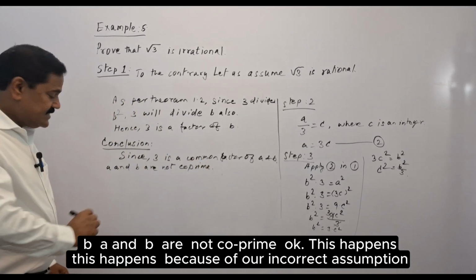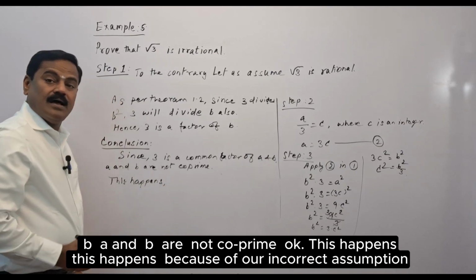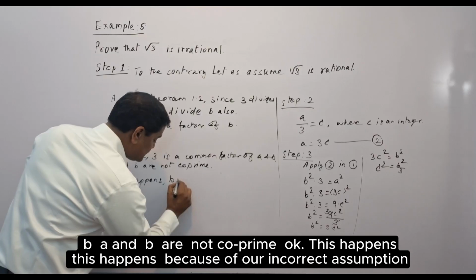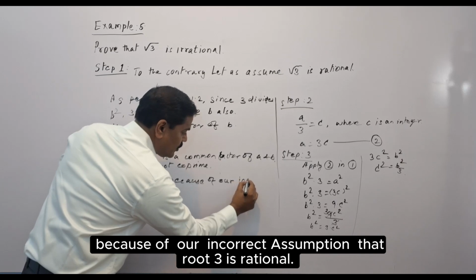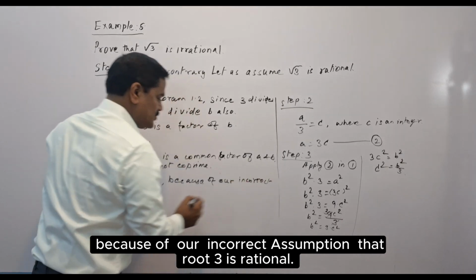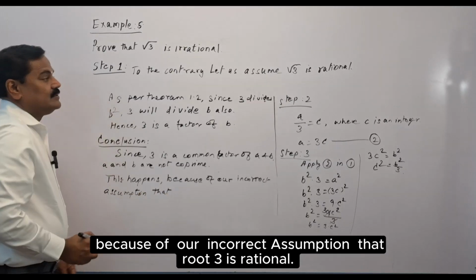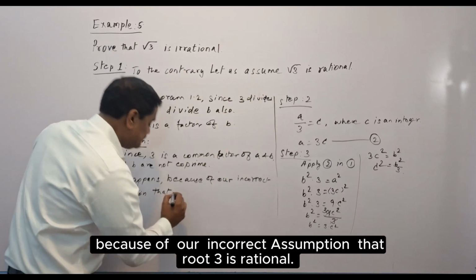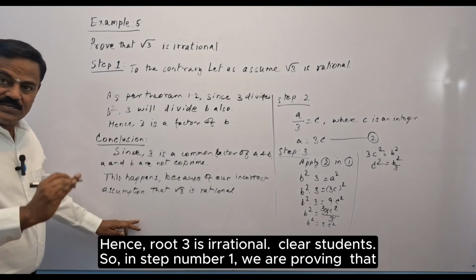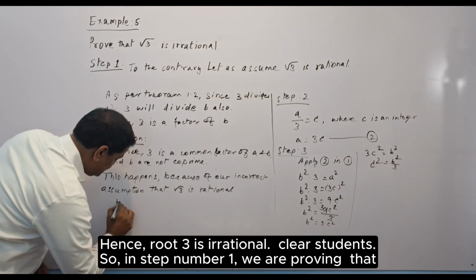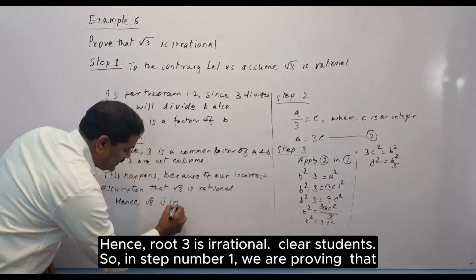This happens because of our incorrect assumption that root 3 is rational. Hence root 3 is irrational.